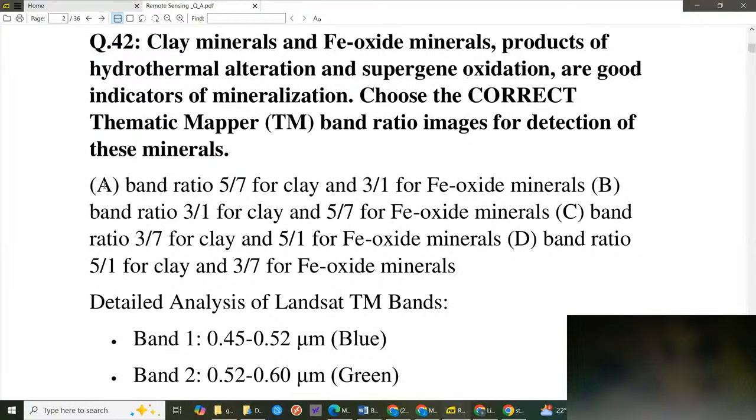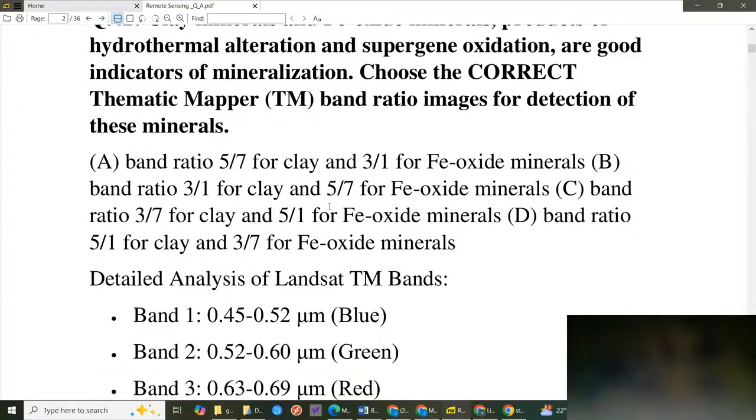The first option is A: band ratio 5 by 7 for clay and 3 by 1 for Fe oxide. B is band ratio 3 by 1 for clay and 5 by 7 for Fe oxide minerals. C: band ratio 3 by 7 for clay and 5 by 1 for Fe oxide minerals. D: band ratio 5 by 1 for clay and 3 by 7 for Fe oxide minerals.